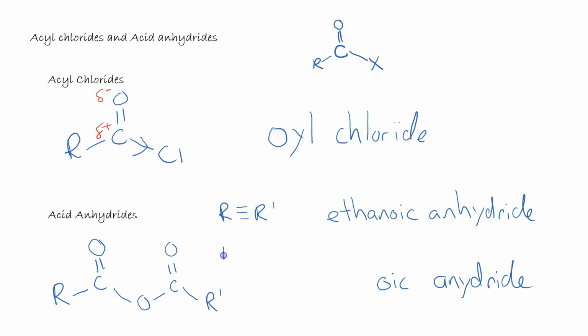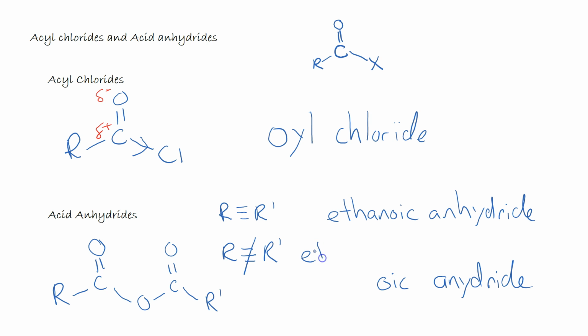However, if R and R dash are different, i.e. they're different carbon chain lengths, then we name each carboxylic acid. So if we had here a 2 carbon chain and a 3 carbon chain, we simply name them by the number of carbon chains.